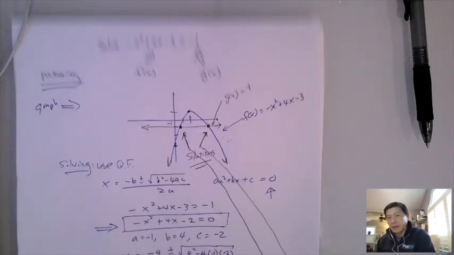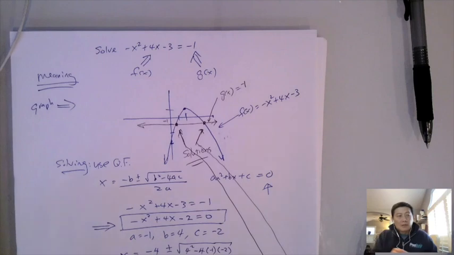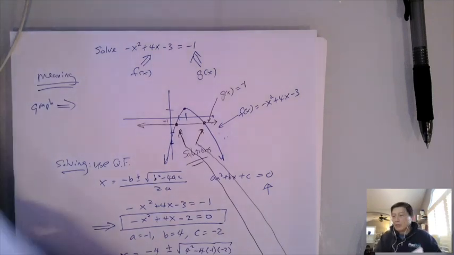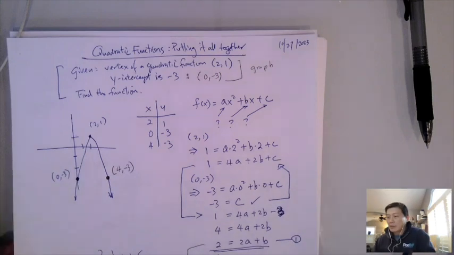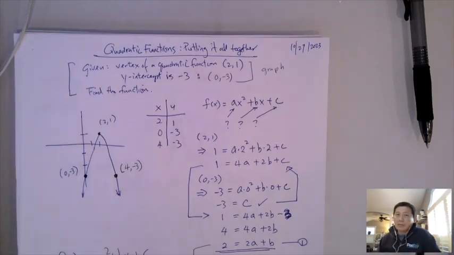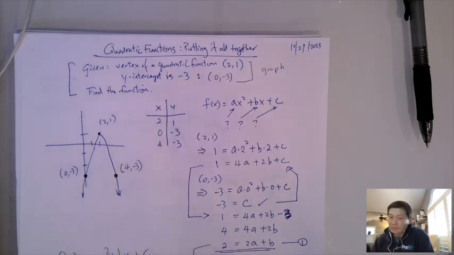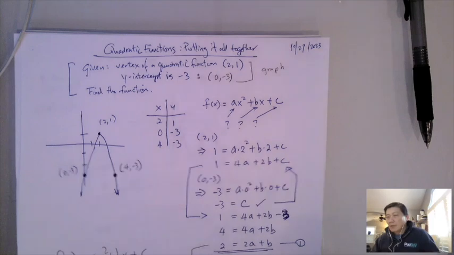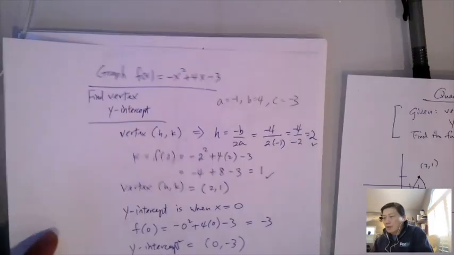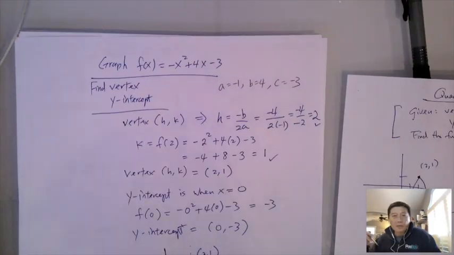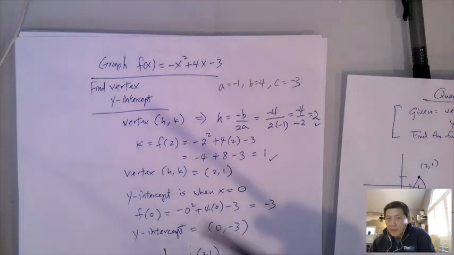So let me recap. I started out with a problem where you are given the description of the graph, and you have to come up with a function. Then I flipped the problem back from the function, and you had to graph it.